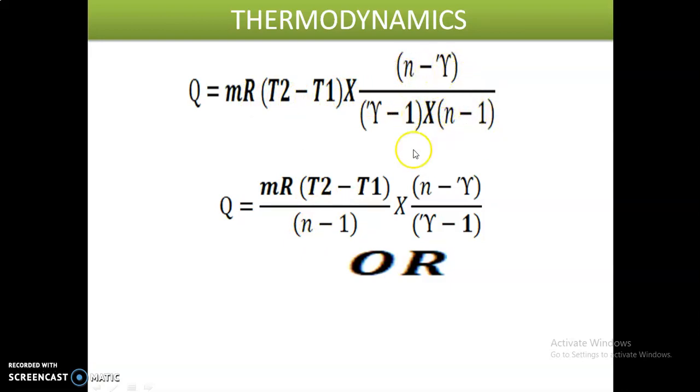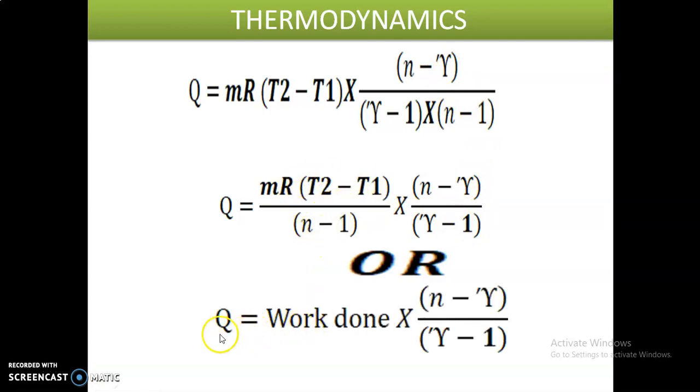Or we can write it as the same formula like this: mR(T2 minus T1) divided by (n minus 1) into (n minus gamma) divided by (gamma minus 1). What is this formula? This is the work done formula. So finally we can write Q is equal to work done into (n minus gamma) divided by (gamma minus 1). This is the total heat transfer in a polytropic process.